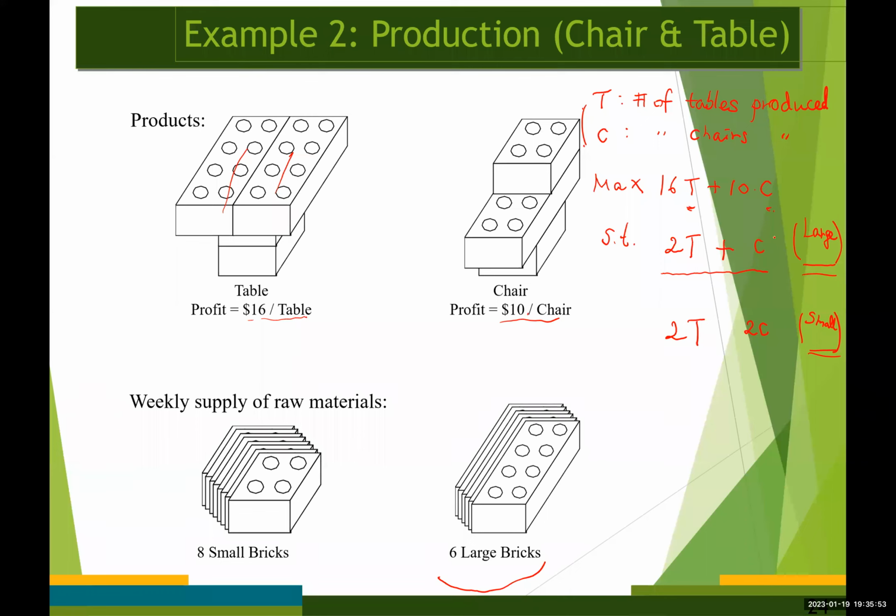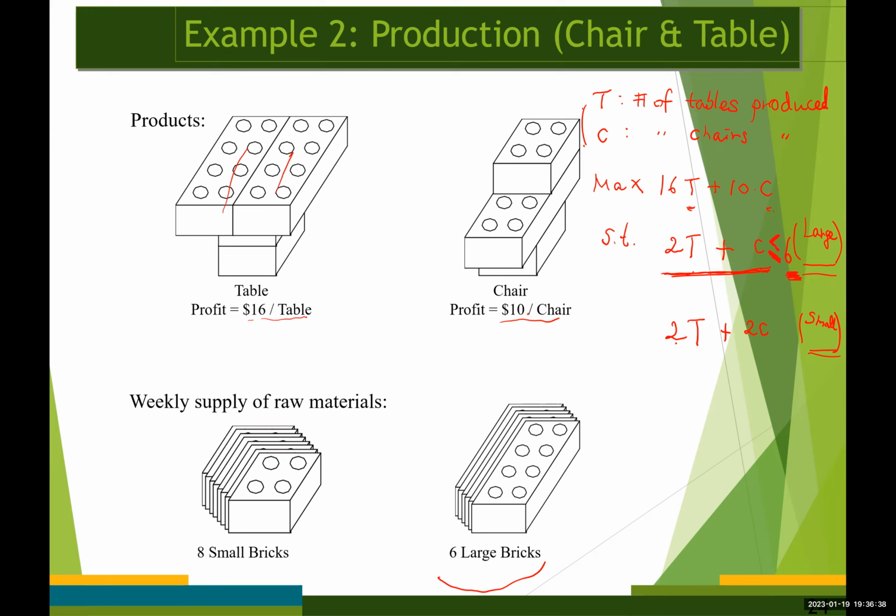So this number should be less than or equal to 6, because the right-hand side of the first constraint shows the number of available large bricks, and the left-hand side is the number of large bricks used for producing tables and chairs. So the right-hand side must be greater than or equal to the left-hand side, right?